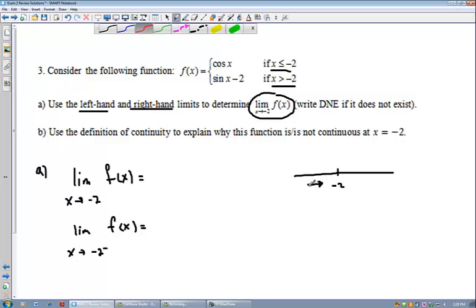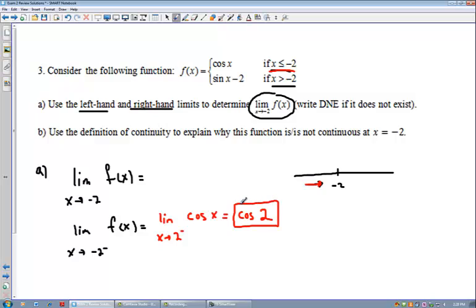Let's color code it. So I'm coming in from the left-hand side of negative 2. So I use this piece. And so this is going to be equal to the limit as x goes to 2, and you can keep it from the left if you want, of cosine x. And so that's just equal to cosine of 2.